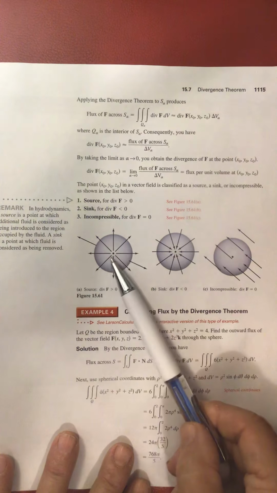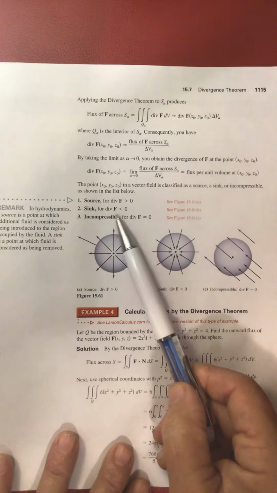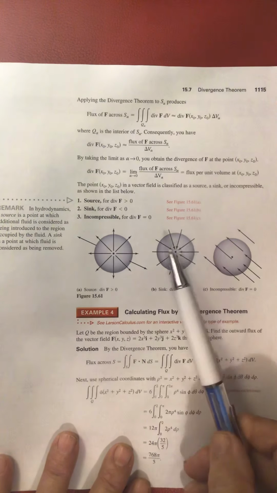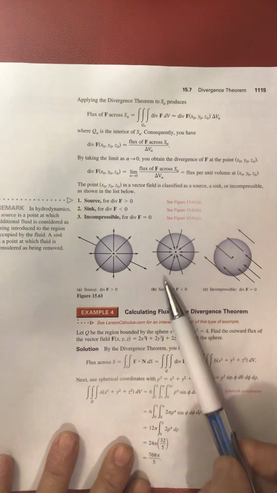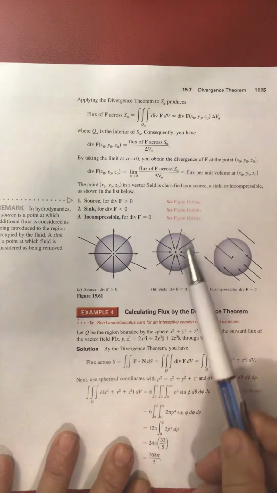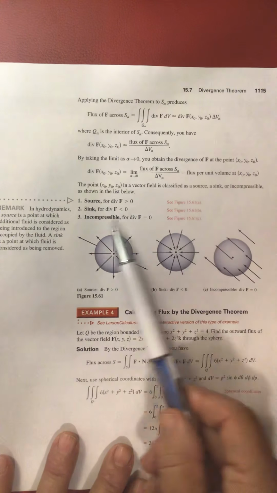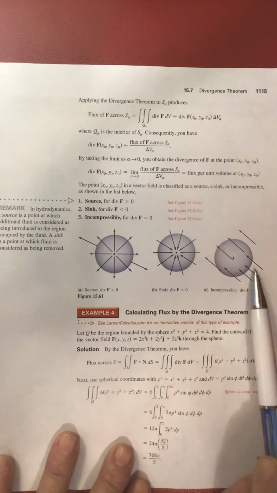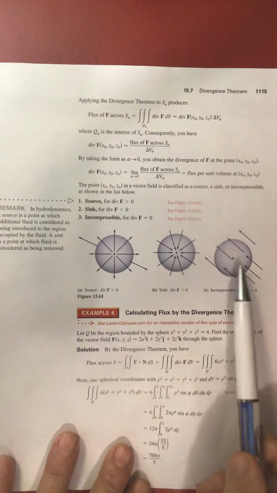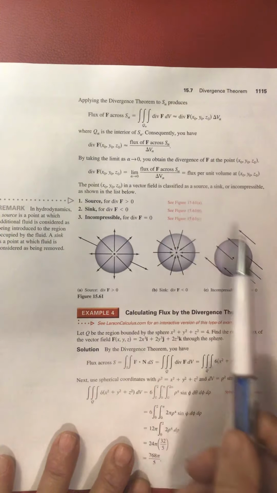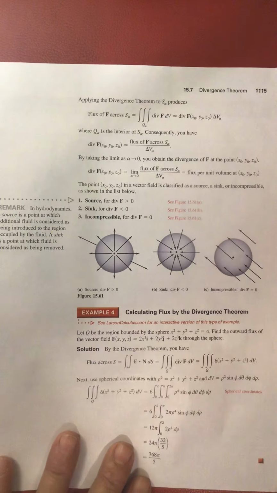We call it a source. When the divergence is less than 0, we can think of a sink, like a sinkhole. If it rains, the water is all going into it. And if the divergence is 0, it's flat, and whichever way the flow is going, it'll just go.